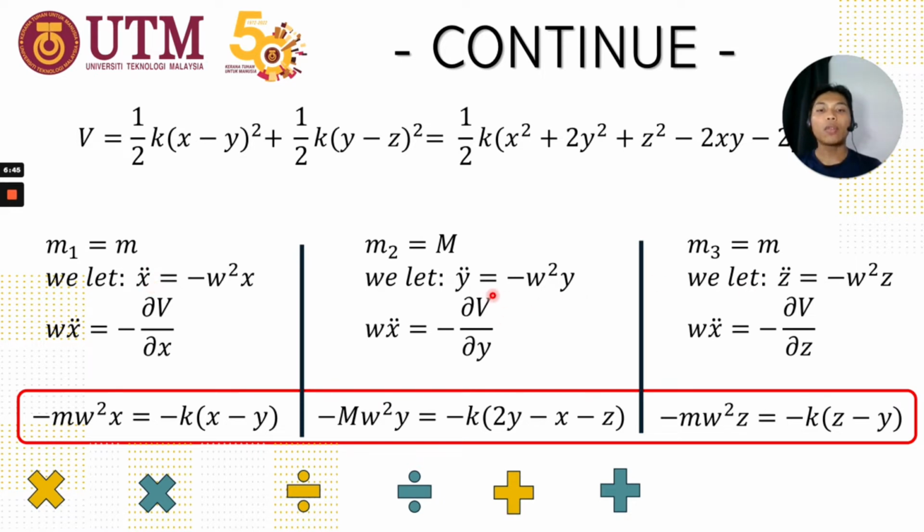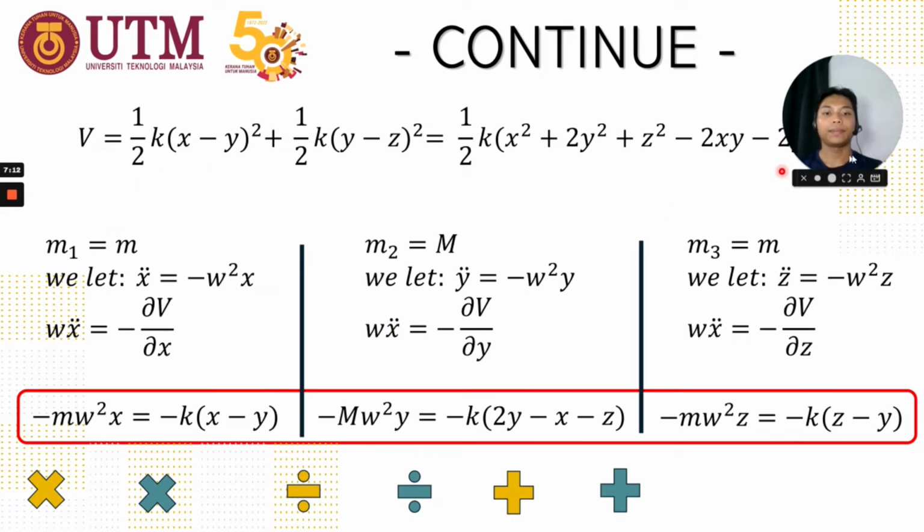When we differentiate, we get this answer. Then you can see over here, we substitute v with all of these values and differentiate. There is a little mistake over here: this must become y and this must become z. That's all, but the thing is the same.